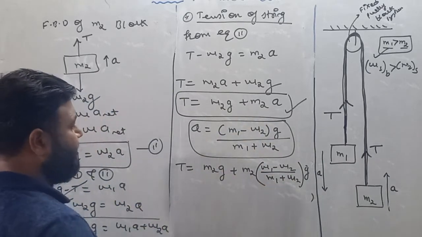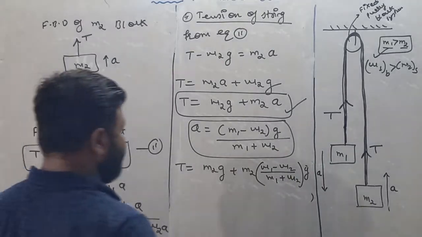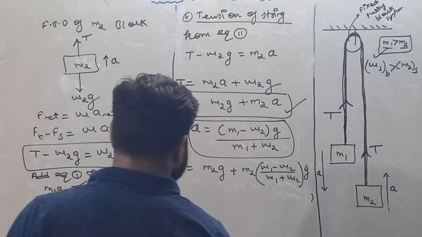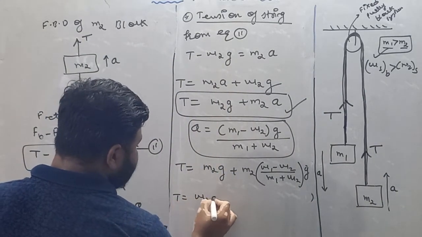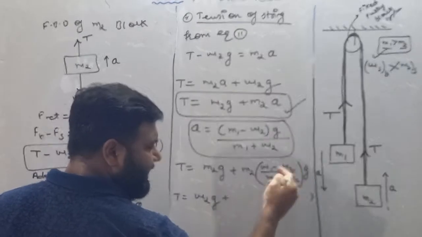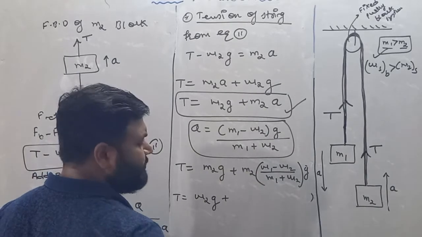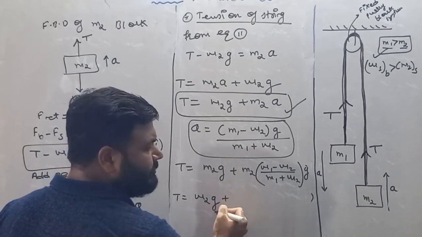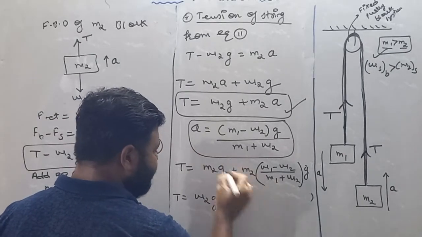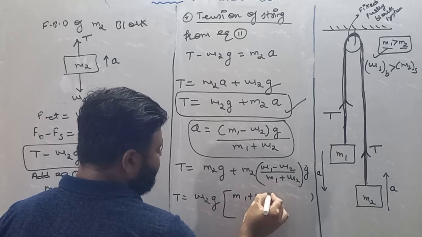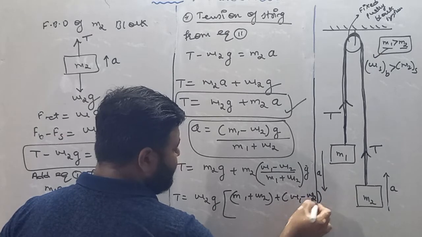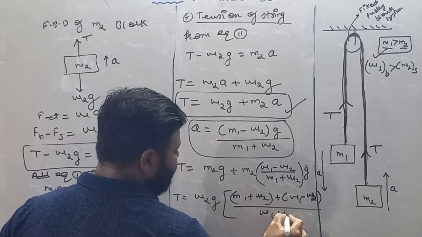So let's take m2g common, my dear student. T is equal to m2g times, here 1 plus, and we cross multiply, so it is (m1 plus m2) plus (m1 minus m2) divided by (m1 plus m2).